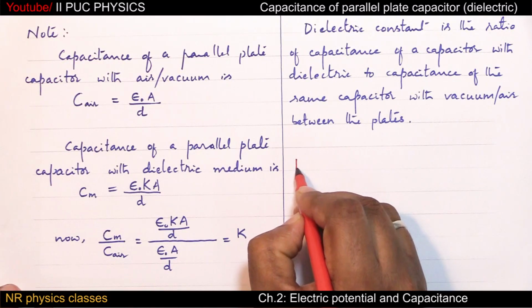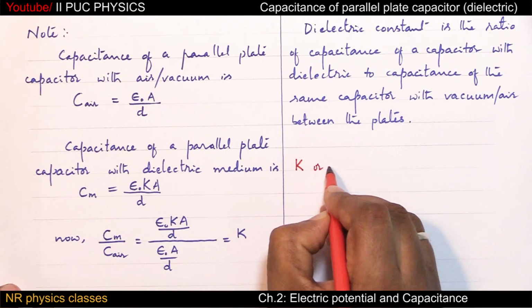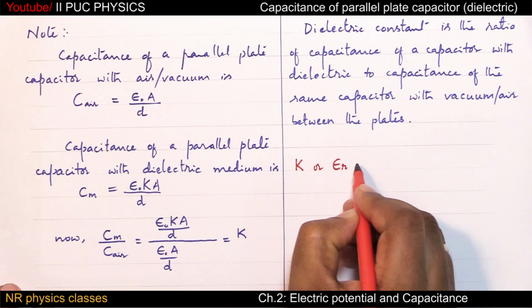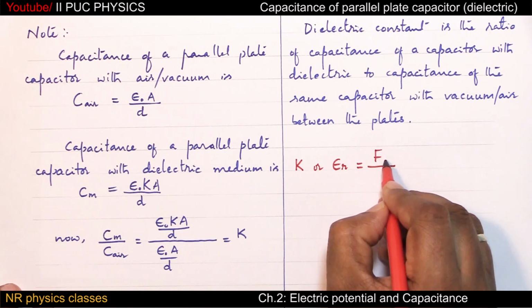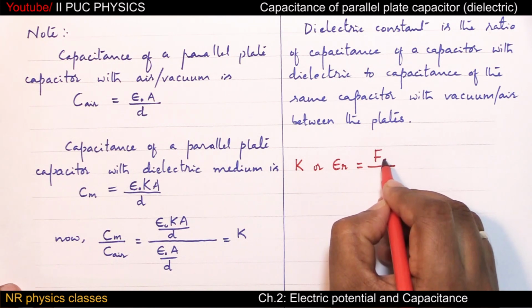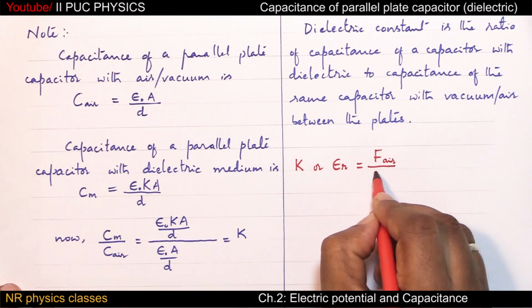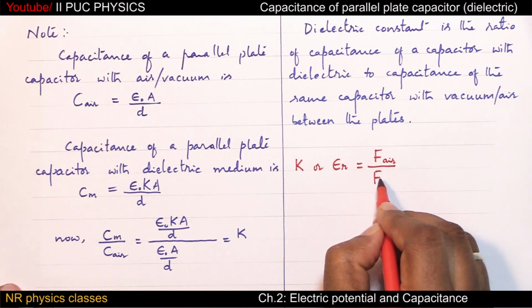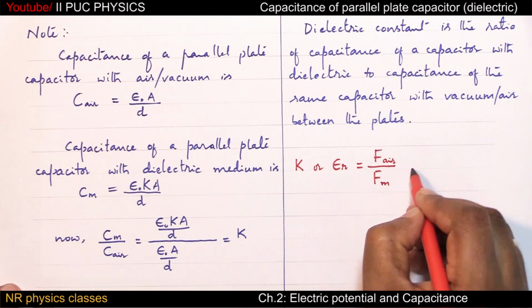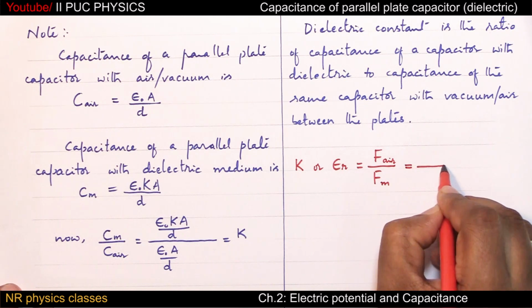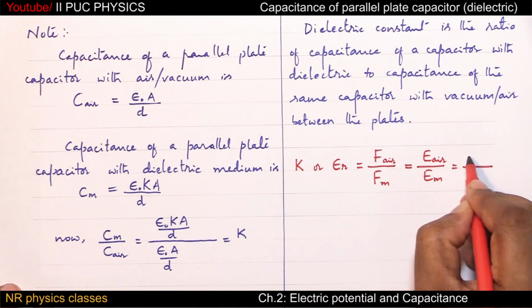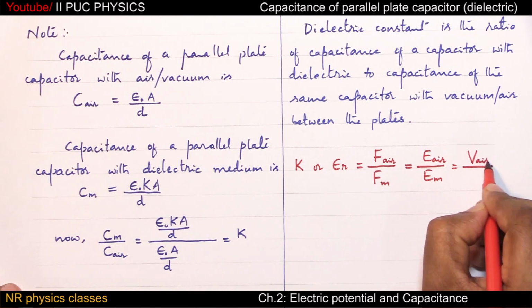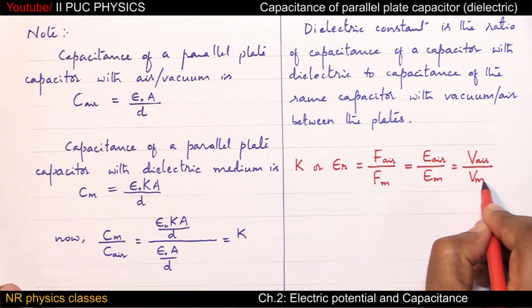So this dielectric constant or relative permittivity is also the ratio of force between two charges in air to force between same two charges separated by same distance in medium, also equal to the ratio of electric field in air to electric field in medium, equal to the ratio of potential in air to potential in medium.